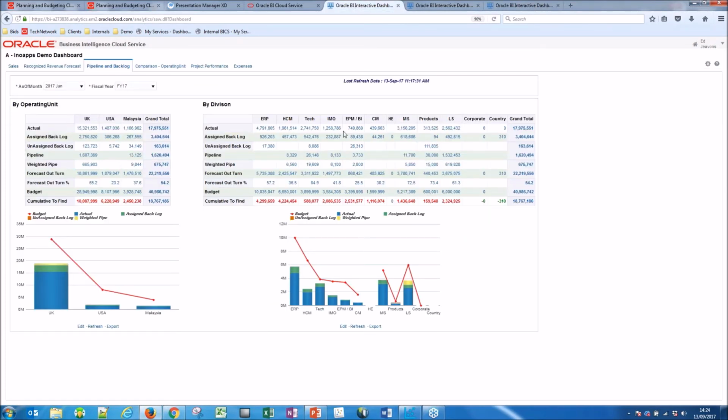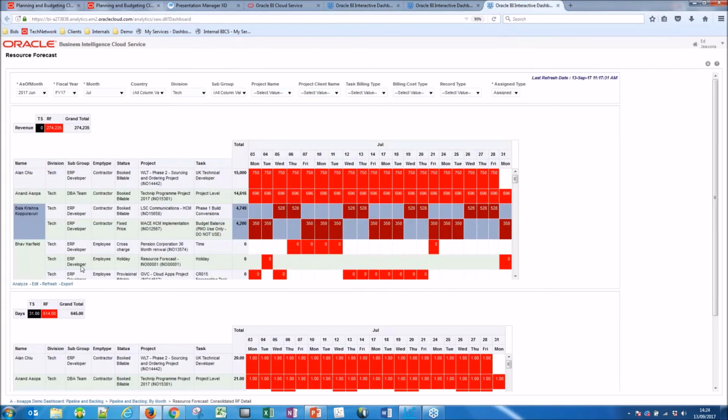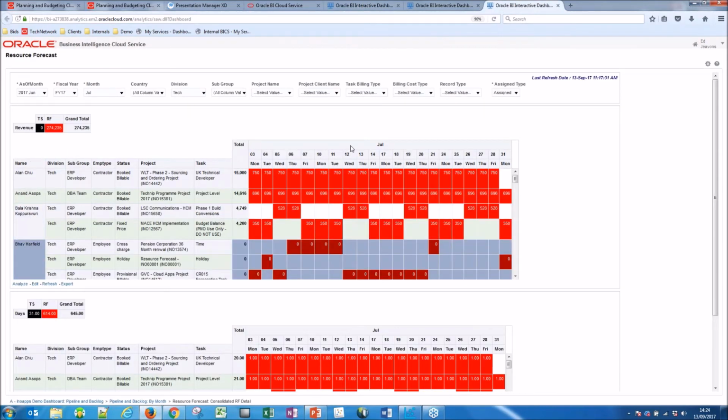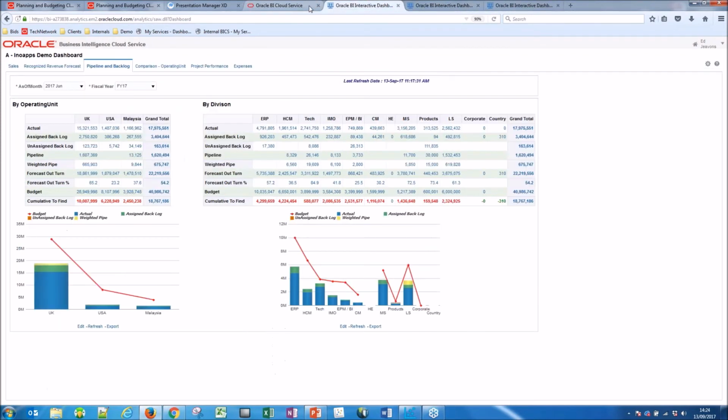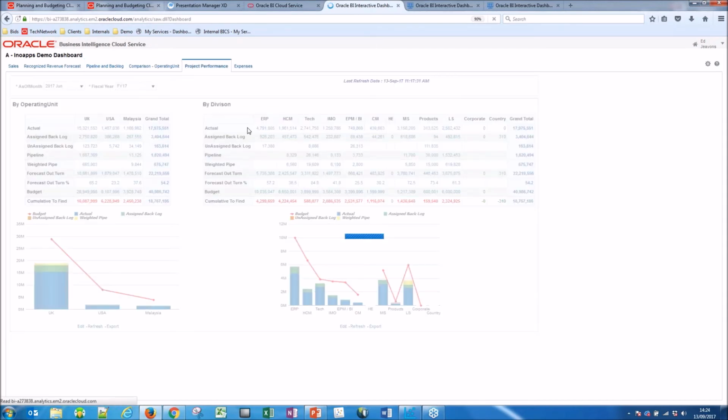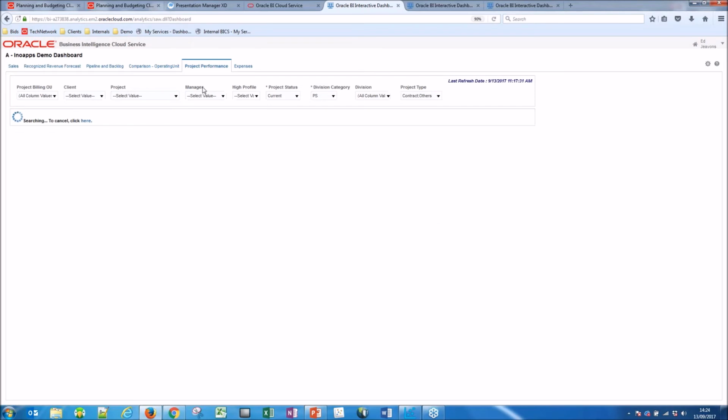We can go all the way from this top level of looking at an actual number for an entire year, and I can drill all the way down to find out that our one member of staff on Monday the 11th of July was able to work on a given project at a specific rate. So finally, let's just take a look at another couple of areas that we are able to interrogate.